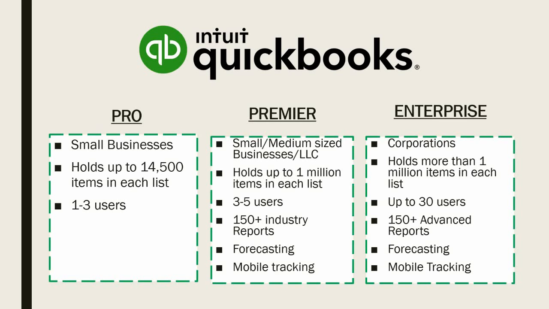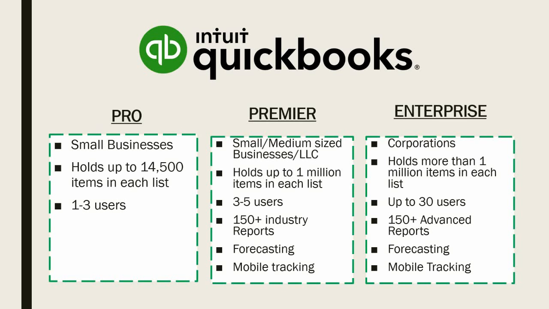Now, from 2018, which is what I learned, 2018 Premier allows you to do 14,500. Okay? This is current, up to date as of 2020, and obviously with the progressiveness of businesses nowadays, Pro, which is the smallest one, is going to allow 15,500.